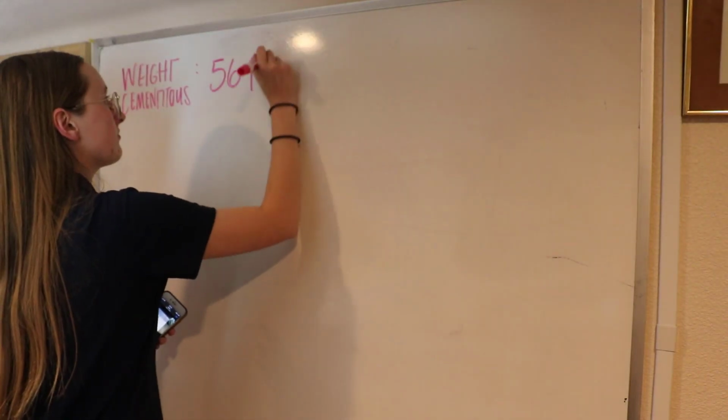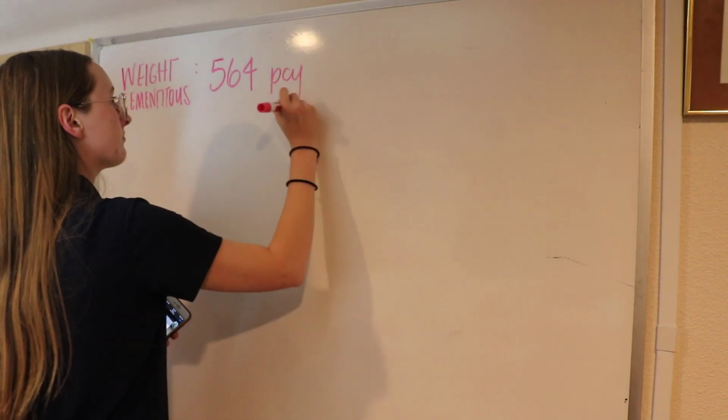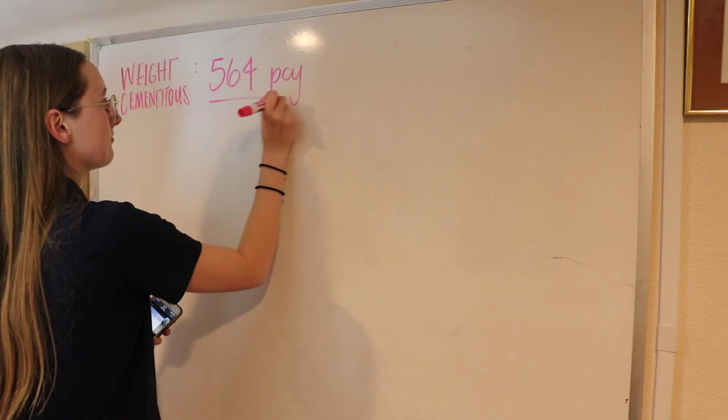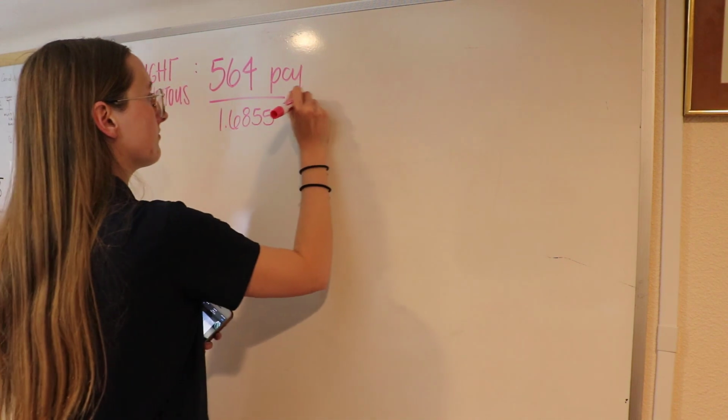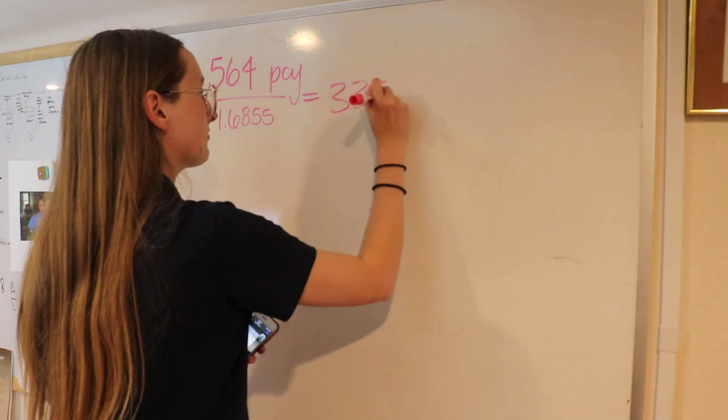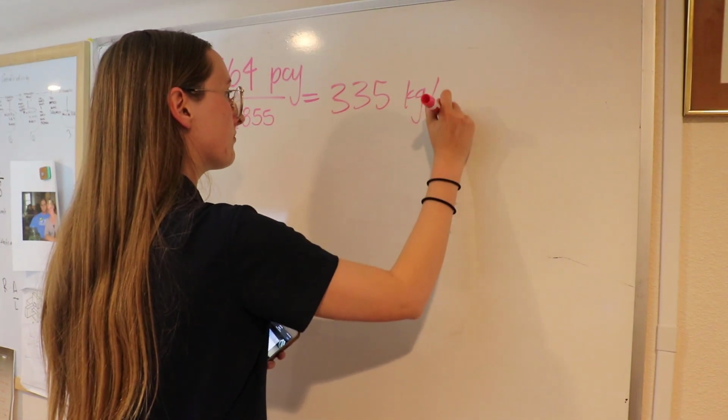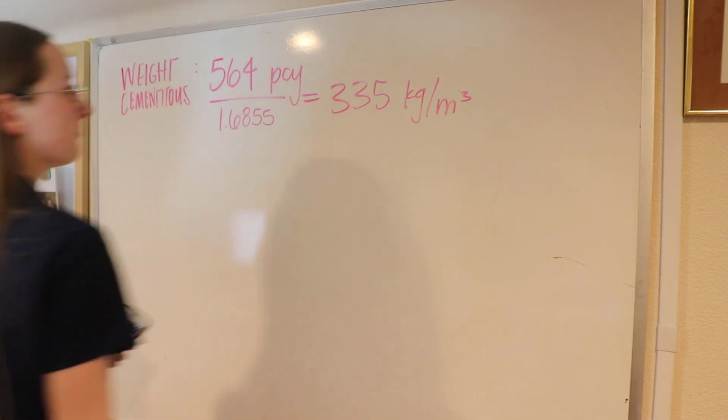So the weight of the cement is 564 pounds per cubic yard. If I convert that, 564 divided by 1.6855 is 335 kilograms per cubic meter.